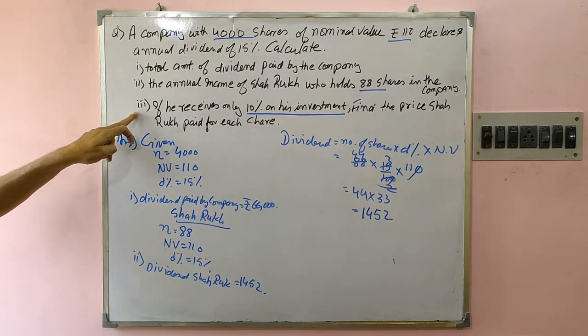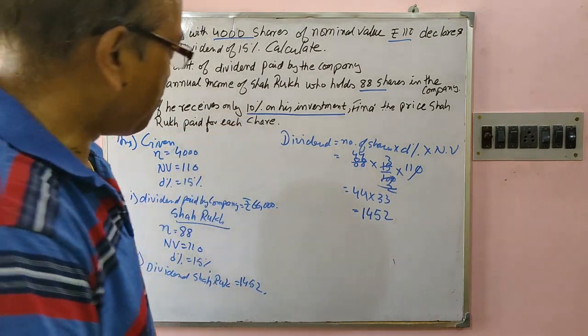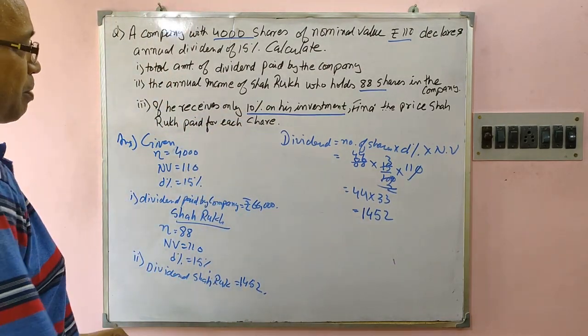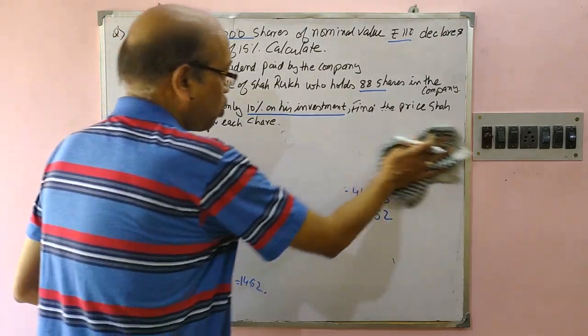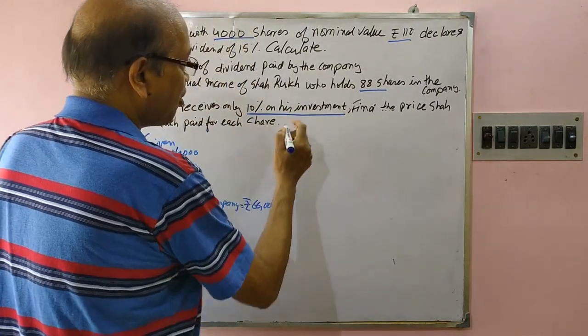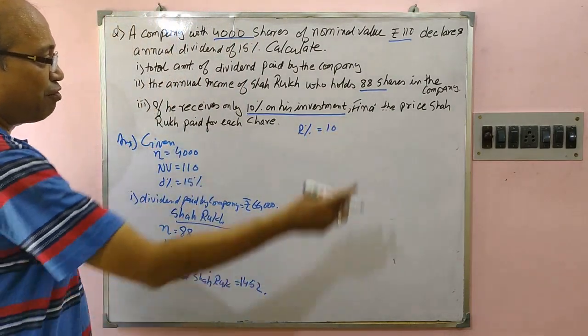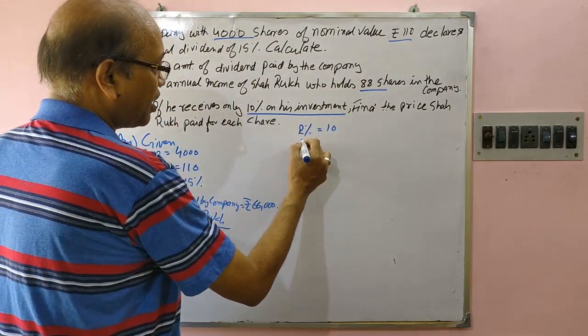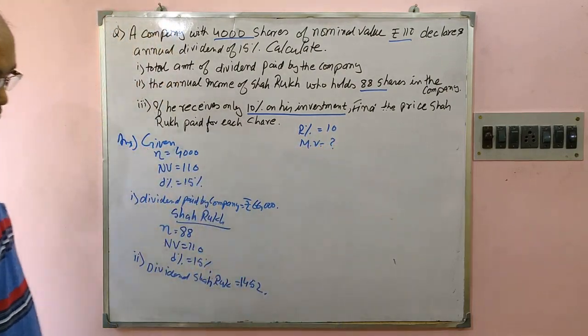Now third part, he says that if he receives only 10% on his investment, it means return percent. What is given? Return percent is given. Return percent is 10. Then we have to find the market value.